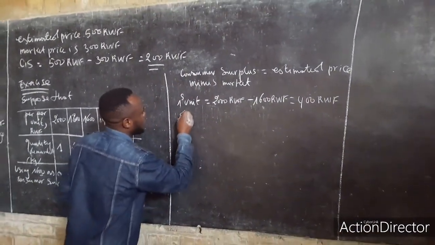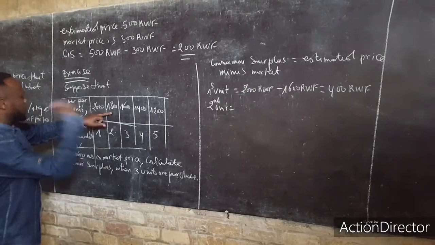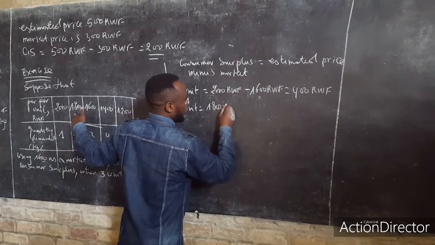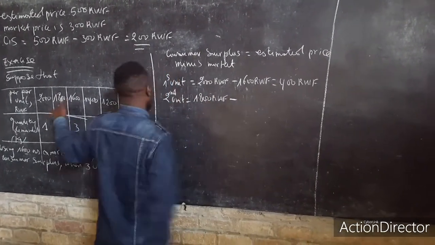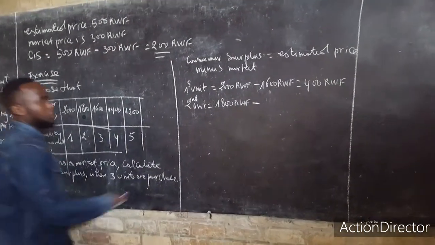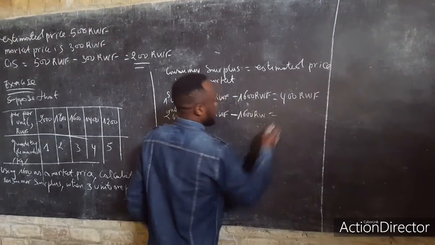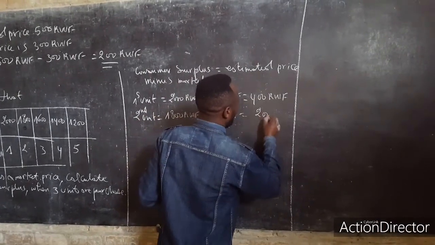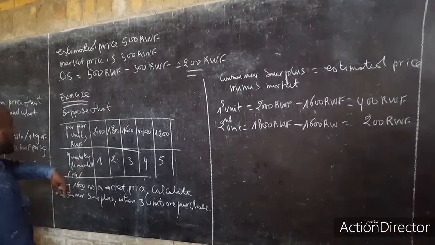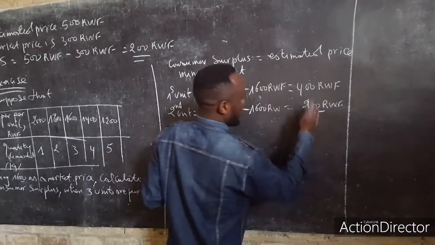The second unit, the consumer is estimated to pay only 1,800 Rwandan francs, minus a market price which is still 1,600 Rwandan francs. The result is 200 Rwandan francs. Meaning that when the consumer consumes the second unit, he enjoyed 200.